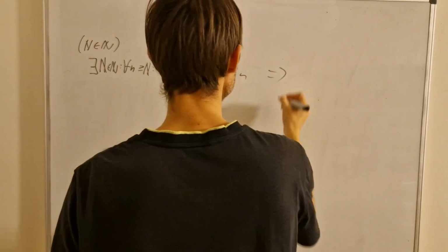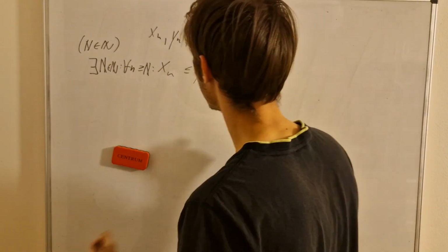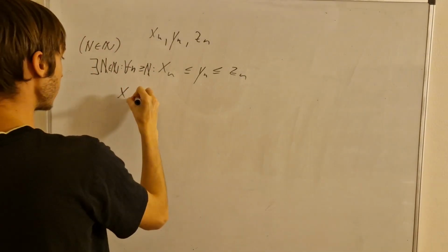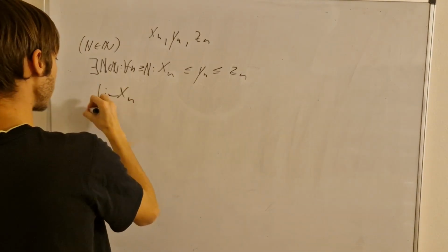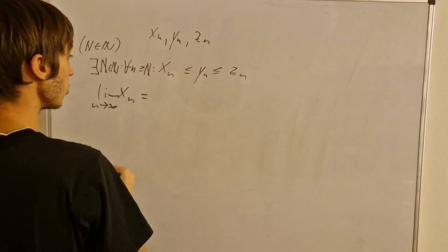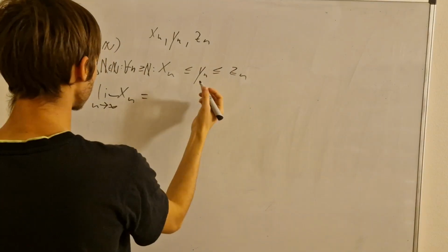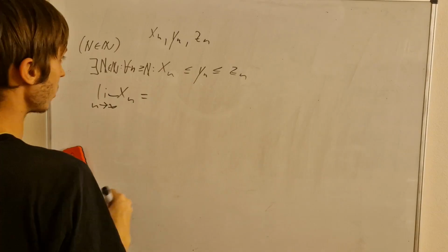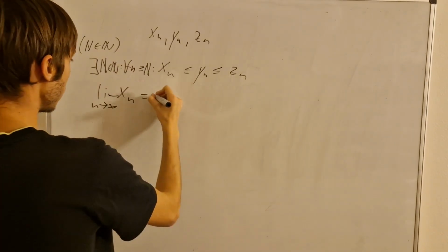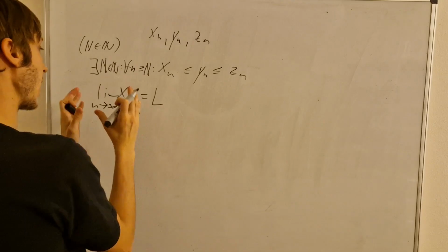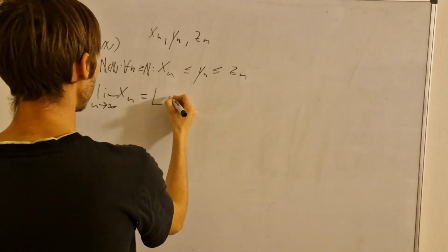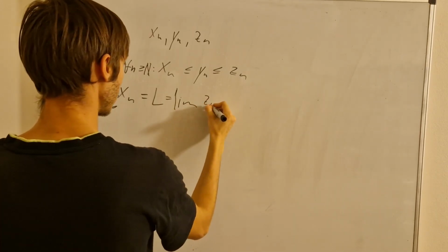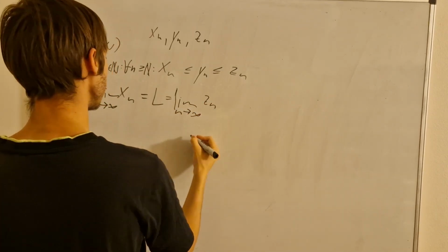Then, also, if we have that the limit of xn as n goes to infinity equals some value, let's say x, but actually we want to say it's all the same value, so let's take something more general, L. So the limit of xn as n approaches infinity is L, and that also equals the limit of zn as n approaches infinity.